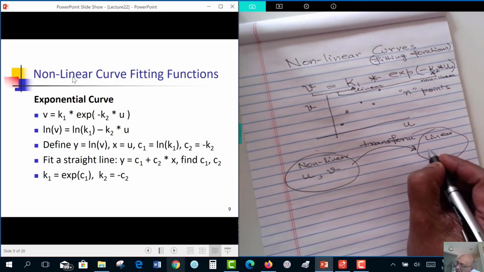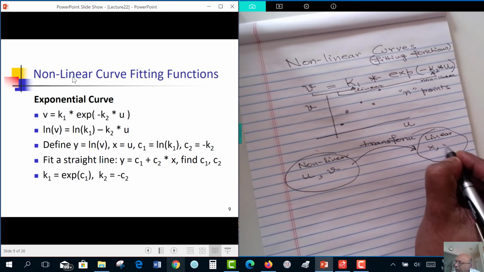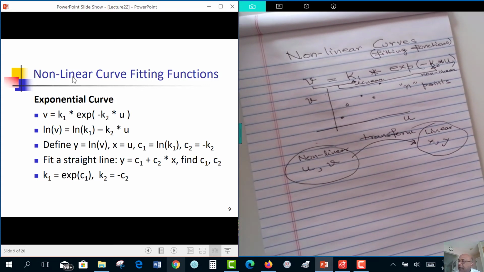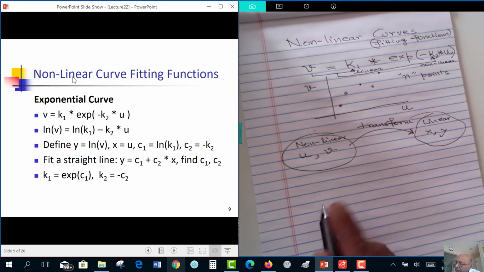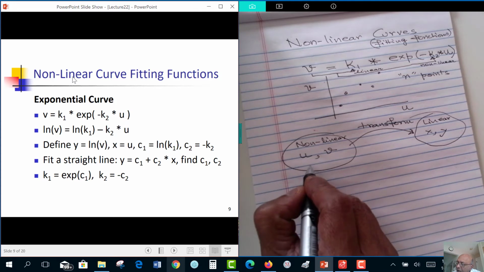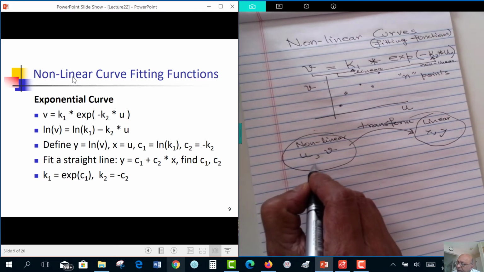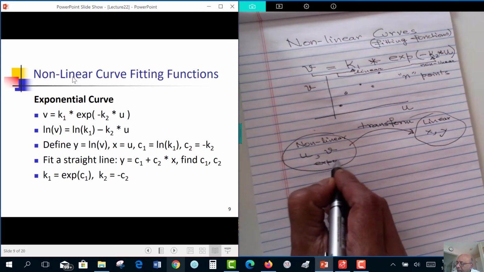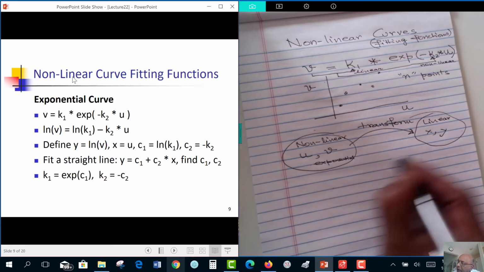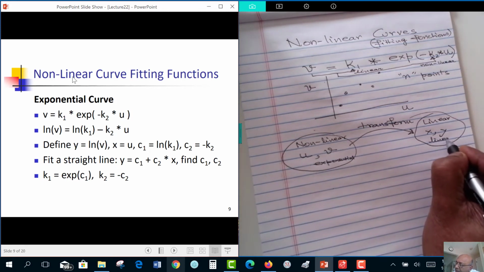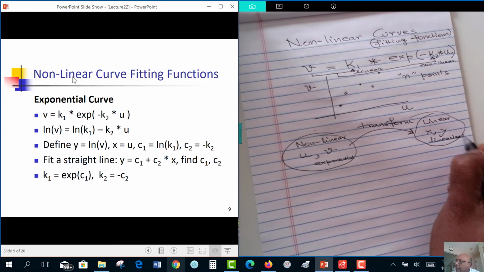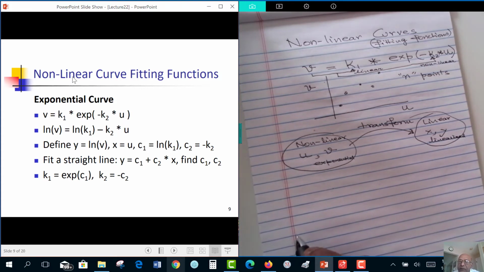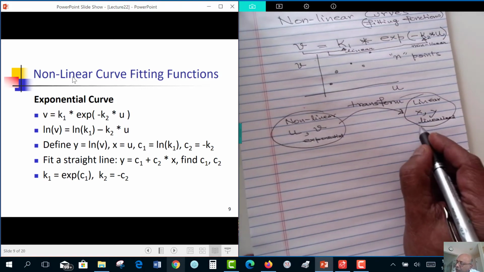In the linear world, we will transform this data to xy form. And this nonlinear equation, this exponential curve, will become linearized here after transformation. Then we are going to solve.